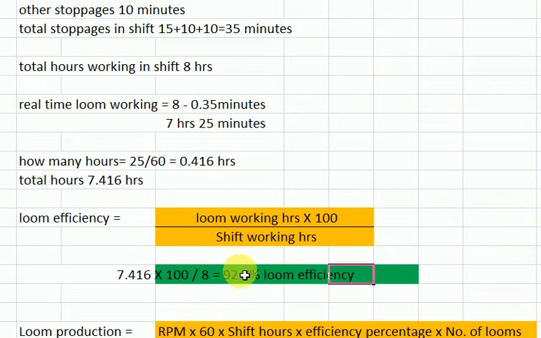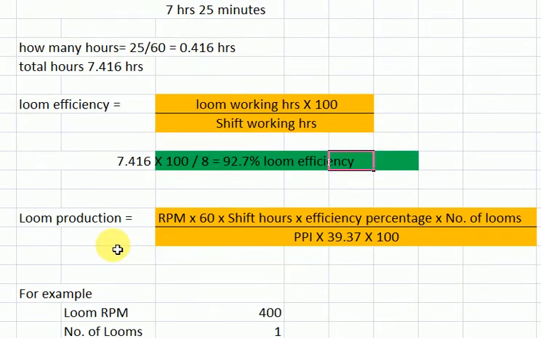So then we calculate the loom production, because if you know the efficiency, then only you can calculate the production. So now first we saw the efficiency of the loom calculation, now the loom production calculation. For loom production calculation, we have to know the production formula.